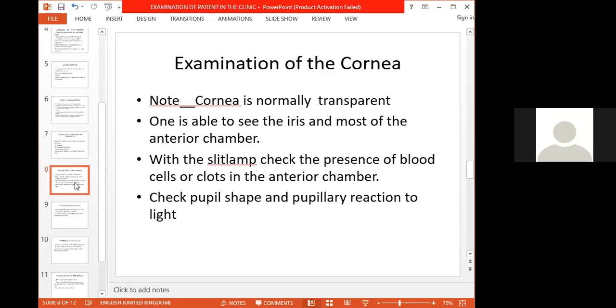Check the presence of inflammatory cells in the anterior chamber. And check the pupil shape and pupillary reaction. Because there is inflammation in the anterior chamber, part of the iris margin may be stuck on the lens.